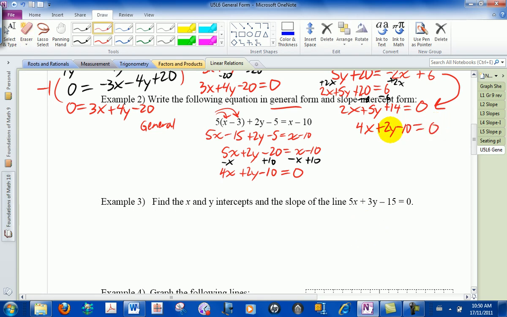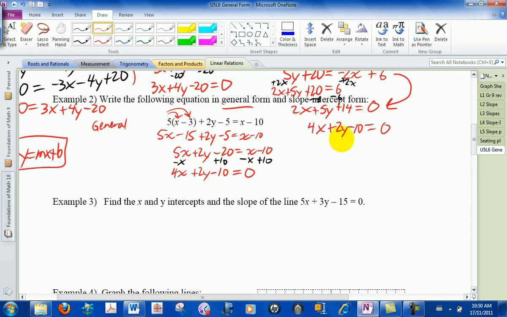Okay, so now we have to change it into y equals mx plus b. That's the form we need. So start by moving, let's say 2y equals, I'm going to do more than one step here. What needs to move to the other side?